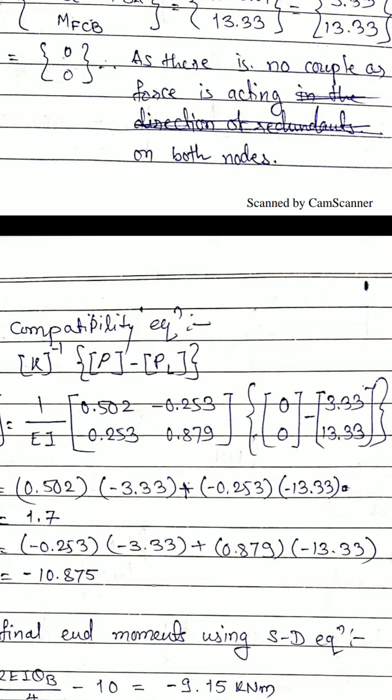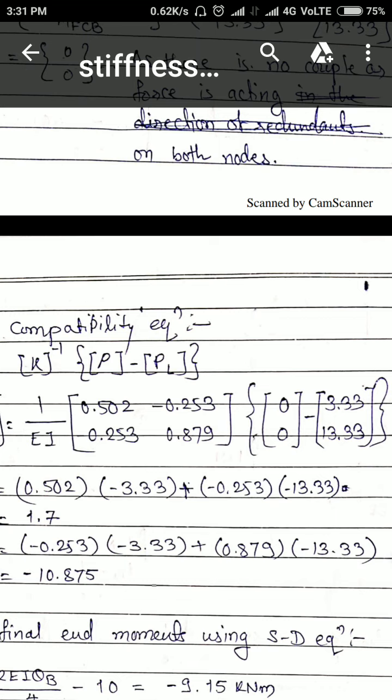How will you get it? K11, that is 0.502, into this PL matrix, that is 3.33, but it has to be taken as minus, because here it is P minus PL, therefore the signs will be changed for the PL matrix elements. So this will be minus 3.33 and minus 13.33.